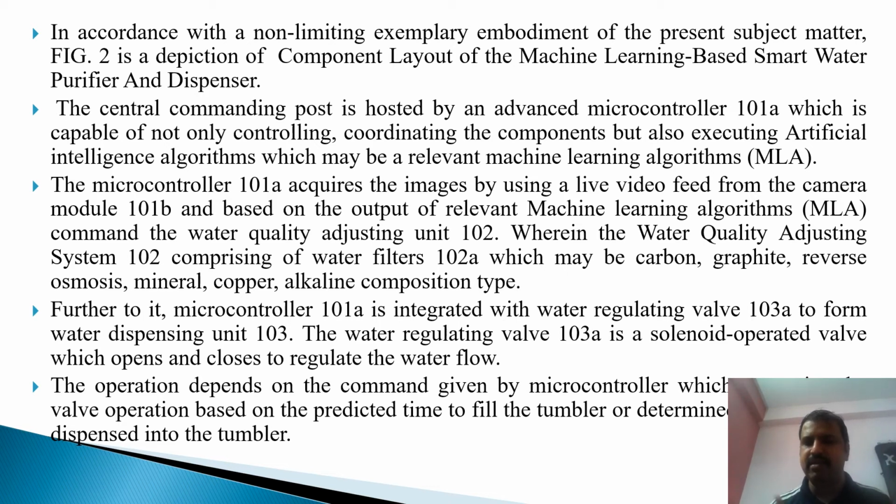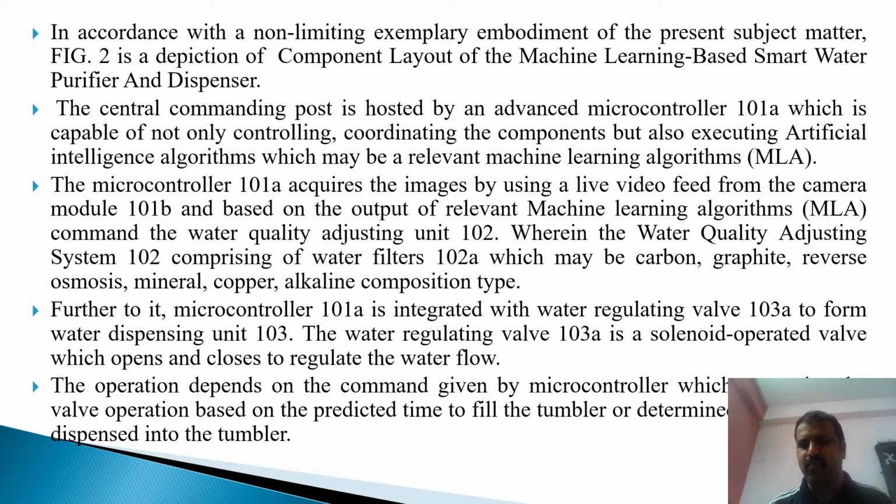So once the water is purified and has gone through the purification system, the dispensing system, which consists of a solenoid, operates again based upon the size of the tumbler which a user is holding, based on the central imaging capturing system, which captures the tumbler size and executes a relevant machine learning algorithm identifying the tumbler size and the quantity of water to be dispensed.